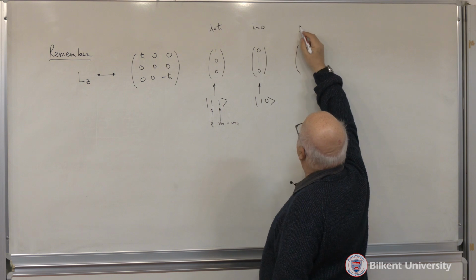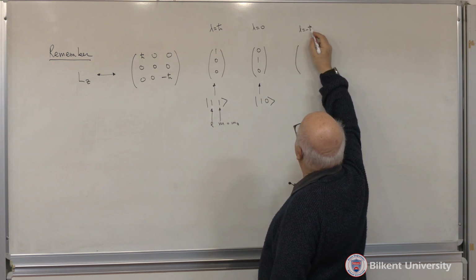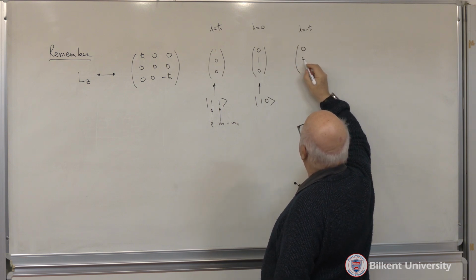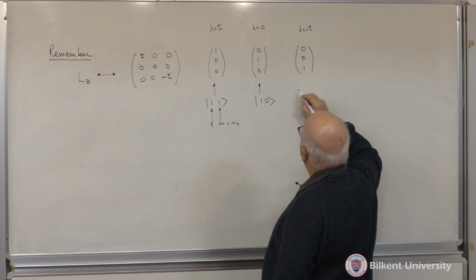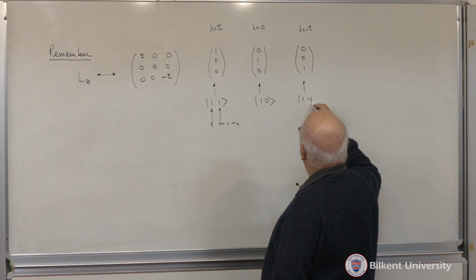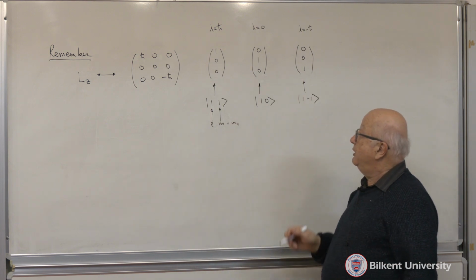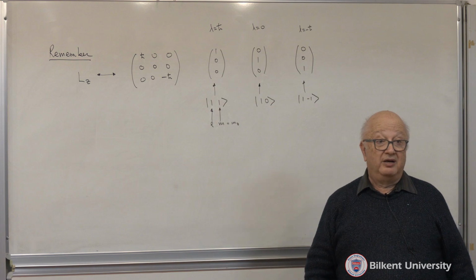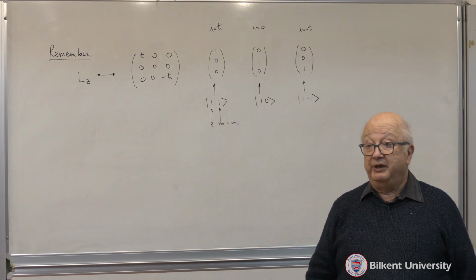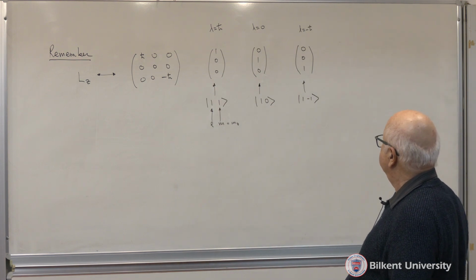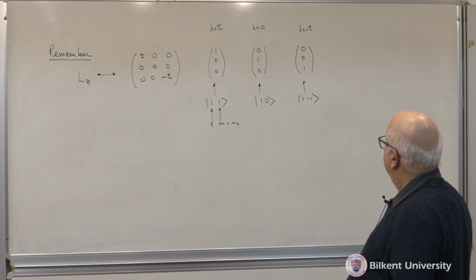Finally, lambda equals minus h bar is 0, 0, 1. So this is going to be 1, minus 1. These are all z eigenstates of the z operator.